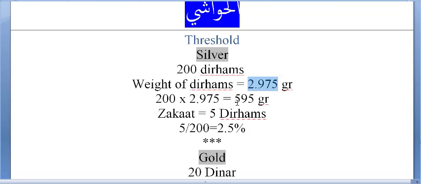So 200 dirhams is going to be 595 grams. If you have that weight of silver, you pay zakah from it. So the zakah is 5 dirhams, which is 2.5%.